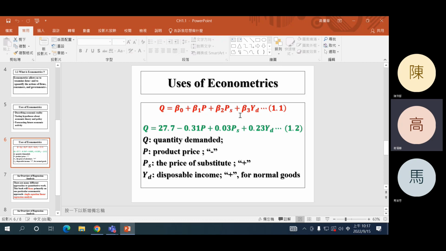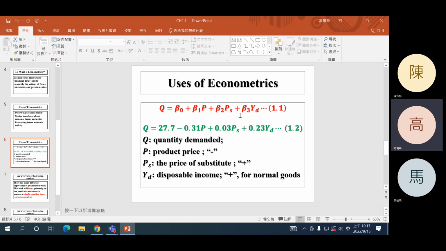Then Q is the quantity demanded. Apple is selling iPhones, right? So they have to have some information in the market. So this is the quantity demanded for iPhone.